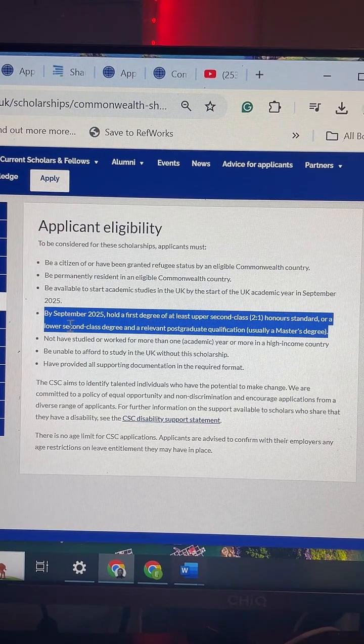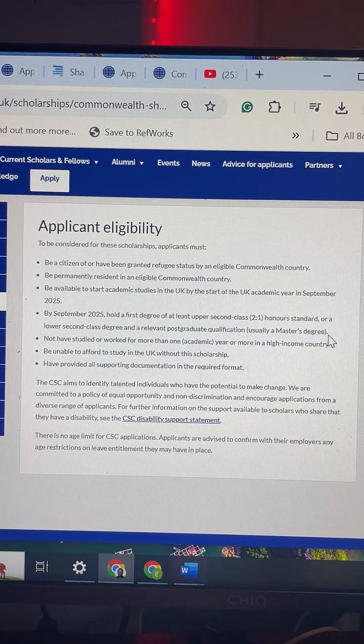And then by September 2025, you should hold a first degree of at least upper second class honors, or a lower second class degree and a relevant postgraduate qualification, usually a master's degree. But this is not what they are looking for. They want you to at least have a first degree and at least a second class upper.